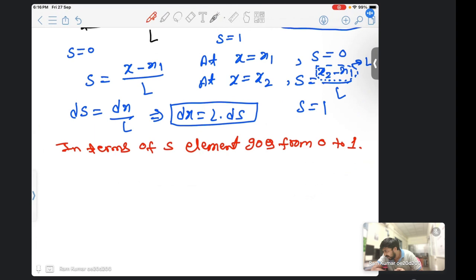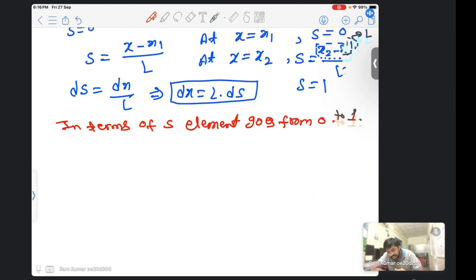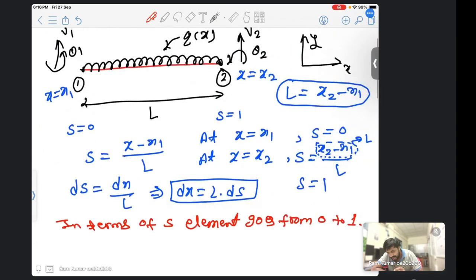What I'm trying to do is get the shape functions for this new mapping system, s equal to 0 to 1.